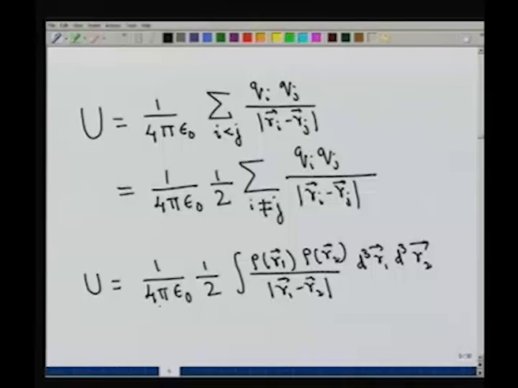I am not asserting that they are occupying disjoint regions in space, and I got the expression 1 over 4 pi epsilon naught half rho of R1 rho of R2 over mod R1 minus R2 d cubed R1 d cubed R2. Every single step here appears to be completely straightforward. However, this is an example which tells us that we should exercise great care while going from the discrete limit to the continuum limit, because this expression means quite something different compared to the expression that we have derived earlier.